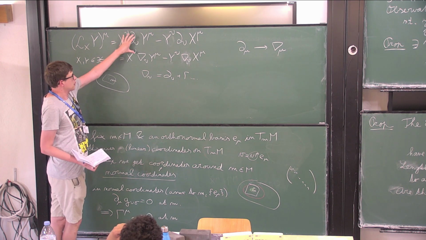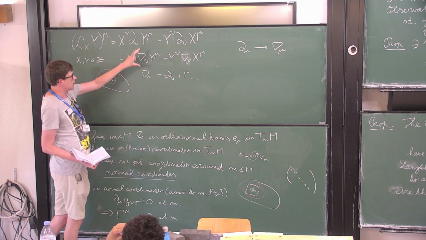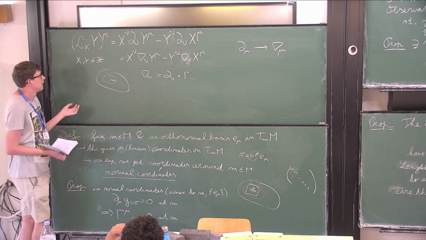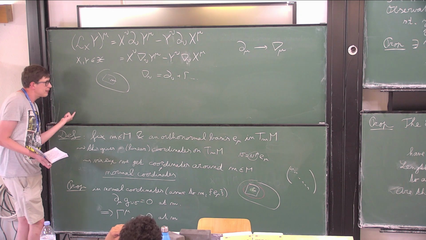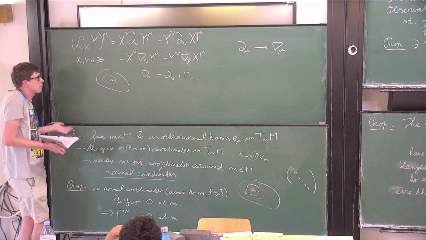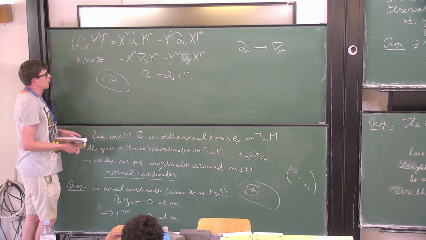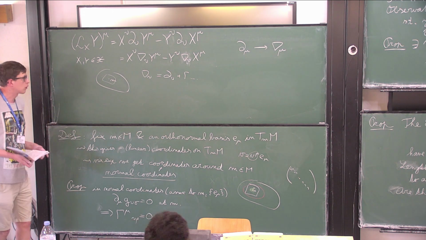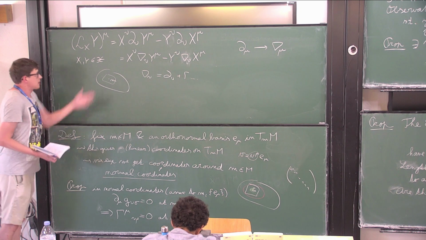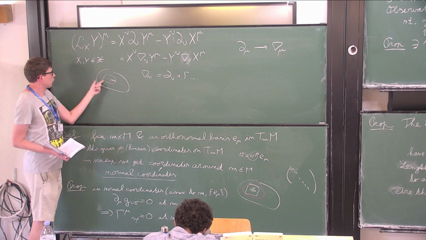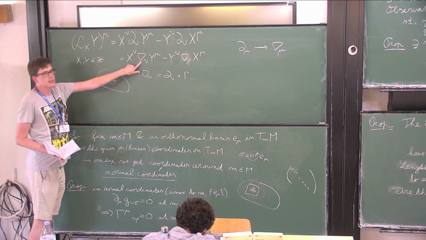You have a tensor, and another tensor, and these two tensors in some coordinate system are the same. But since they are tensors, they have to be the same irrespective of what coordinates you choose, because a tensor is a geometric thing that doesn't depend on the coordinates. Hence they are equal, because they were equal in the normal coordinates, where partials coincide with nablas.